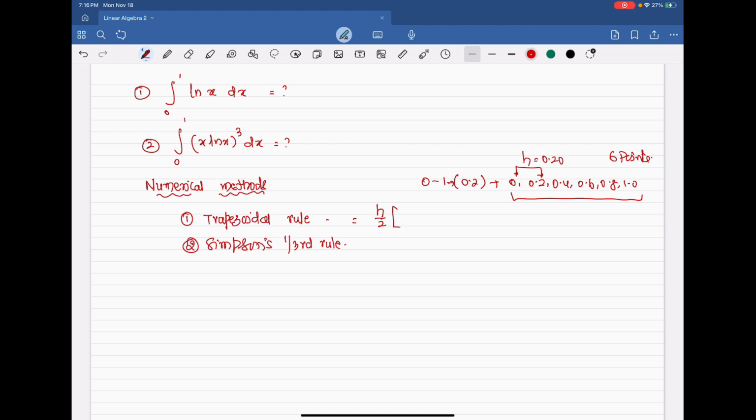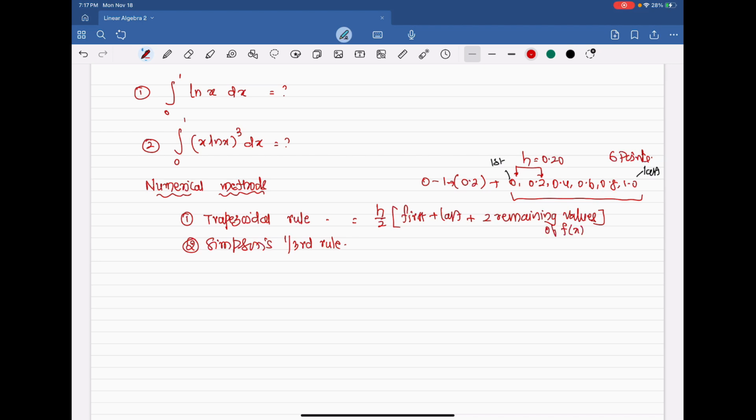It is 0.2. h by 2 into first value plus last value plus 2 into the remaining values of the function y of x.